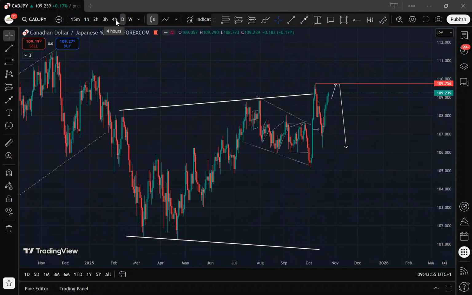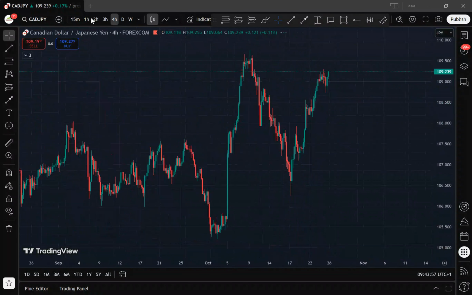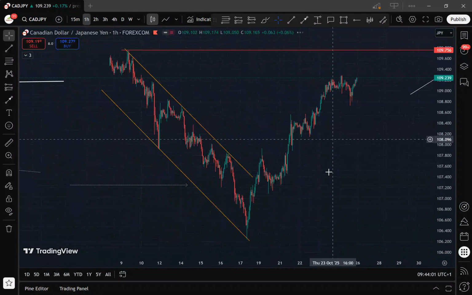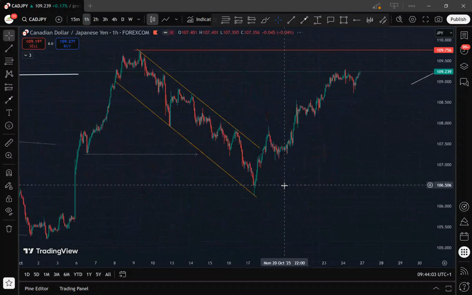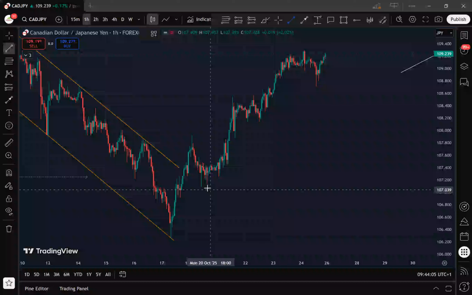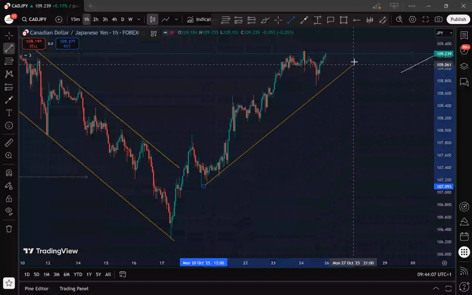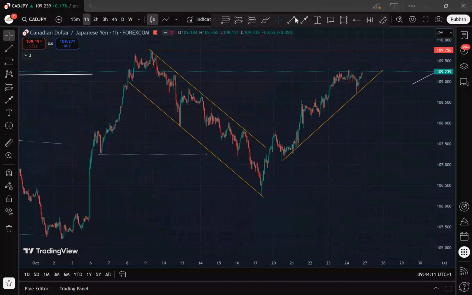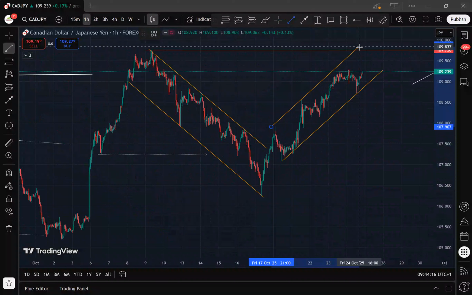So right now, what I'm looking for here is a push to the top of this structure, then look for this type of pattern here, the bullish impulse and the bearish reversal structure.